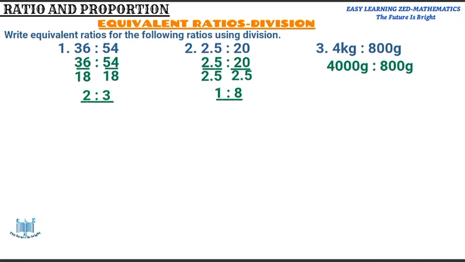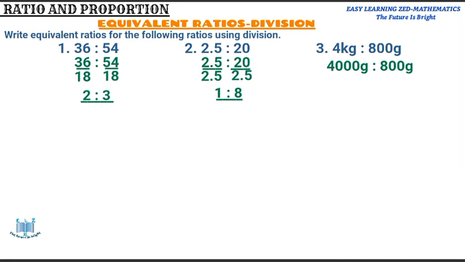So now we're going to divide both sides by a common factor. In this case, the highest common factor of 4,000 and 800 is 800. Since we learned that ratios do not have units, we're going to divide both sides by 800 grams, so that the ratio we get will not have units.